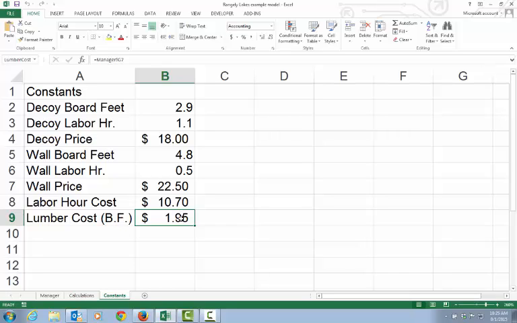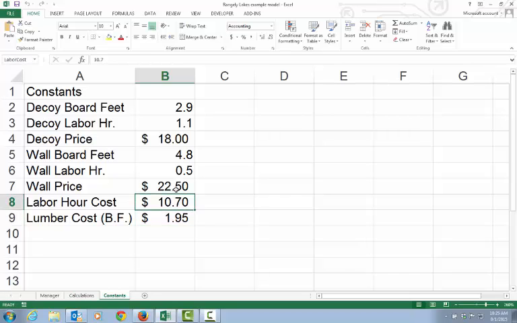So this named range called lumber cost, which is named right at this location, is actually pulling it from the manager page. In a case where we've got a parameter that the user may want to change, the ultimate numerical value will appear on the manager page, and here on the constants page we're referring to that value via a simple formula that says equal to the cell on the manager page.